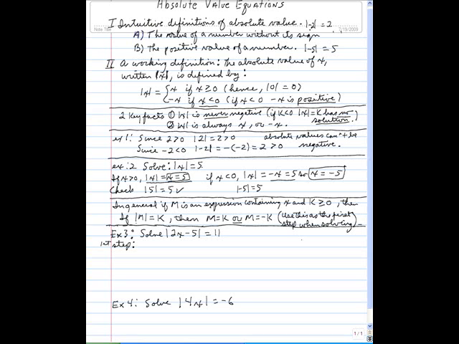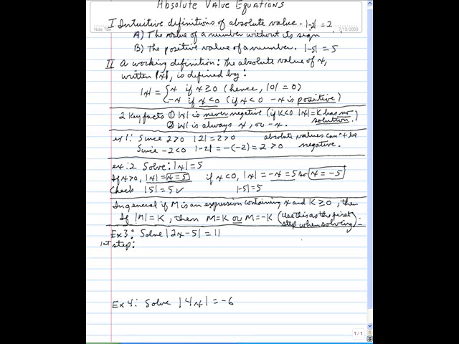X was equal to 5, or x was equal to negative 5. And you can use that. If absolute value of m is k, then m is k or m is negative k. You can use that as the first step when you're solving an absolute value equation.